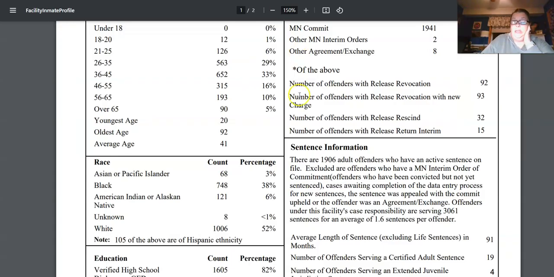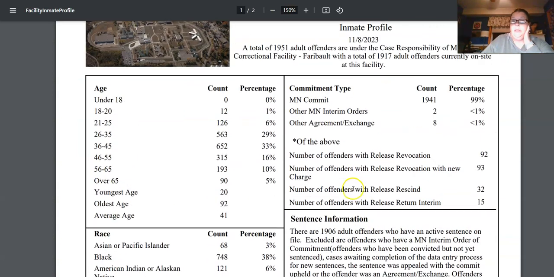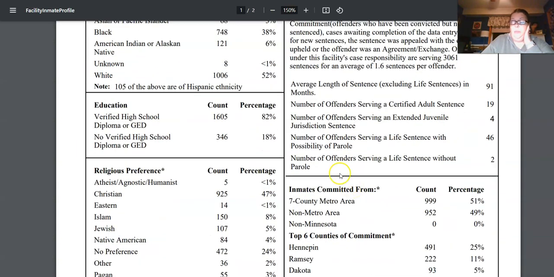So looking at this, how many of these are under that same process? How many offenders are serving extended juvenile jurisdiction sentences? 4 at this point. 4 individuals at that prison had been given a chance to serve as a juvenile, didn't complete their requirements, and then ended up having to do their adult sentence.